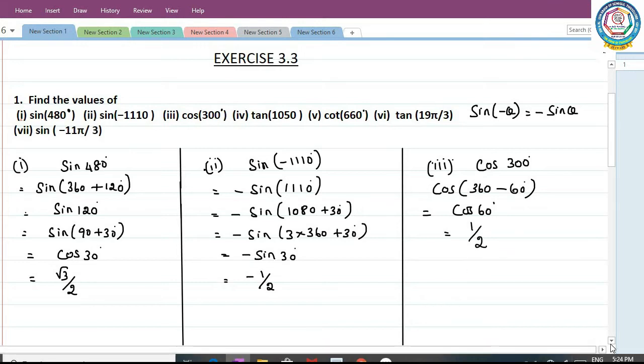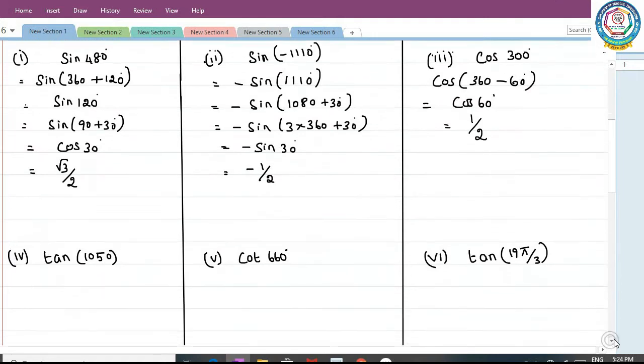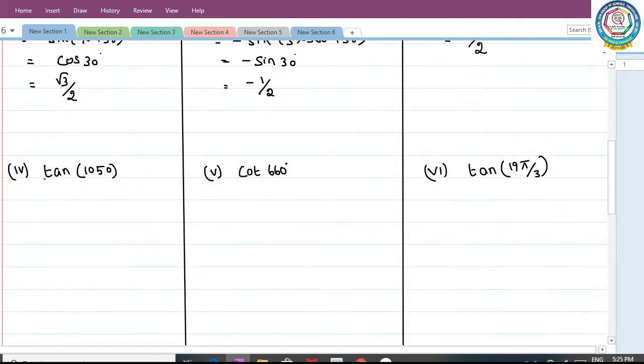Next one, fourth subdivision, tan of 1050. How am I going to split this? Tan of 1080 minus 30. The tan of 1080 can be written as 3 into 360 minus 30.